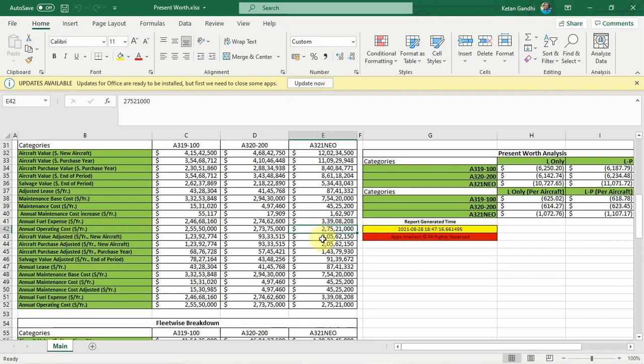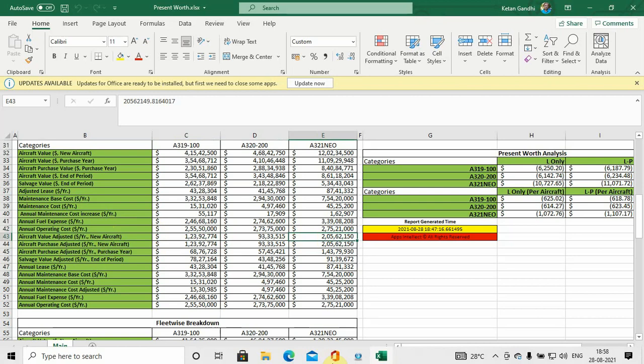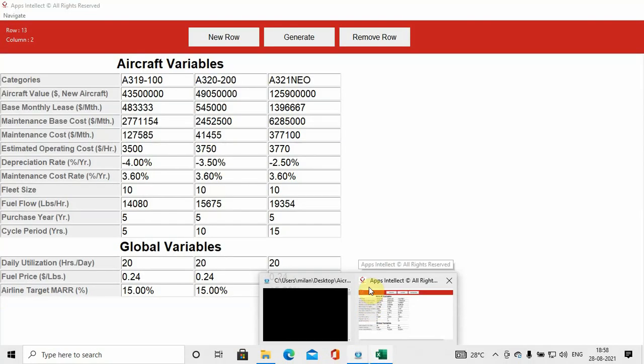So this is the way we get the operating cost values. Then we'll have the aircraft value adjusted for the new. Here we are going to take this particular aircraft value, new aircraft. Here we are going to take into consideration the airline target minimum acceptable rate of return.